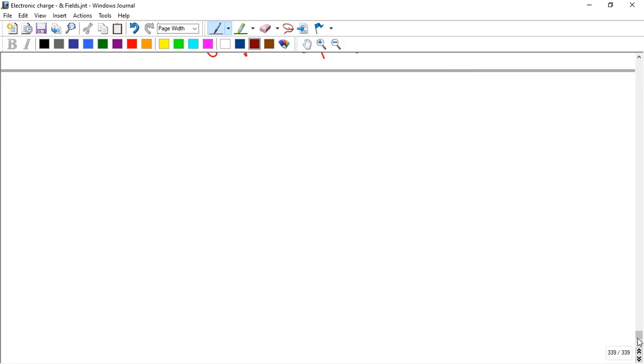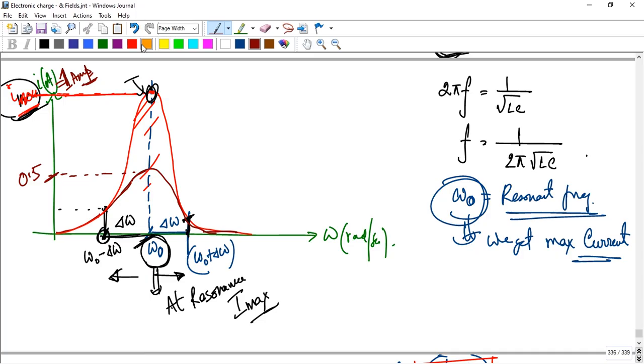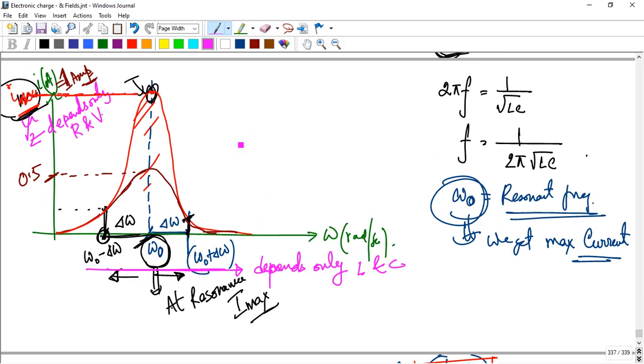Look at this diagram; it beautifully represents this. The x-axis, frequency, depends only on L and C, and the current depends only on R and V. That's the beautiful thing about the LCR circuit.